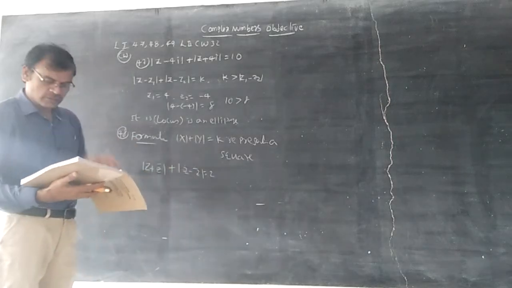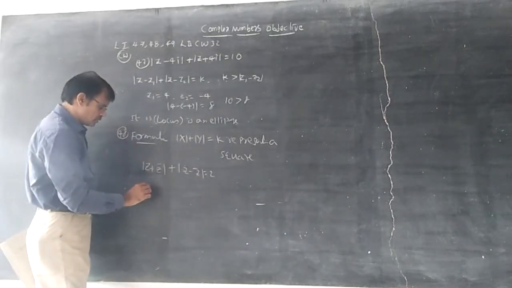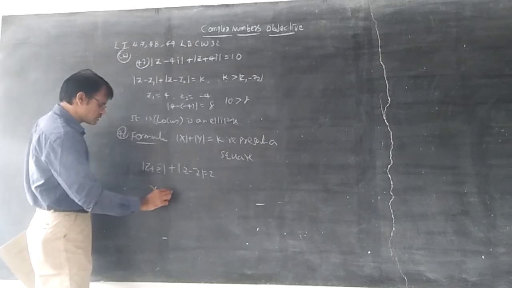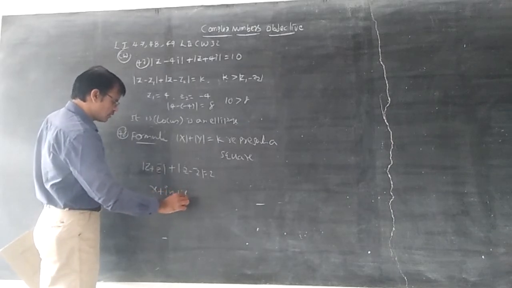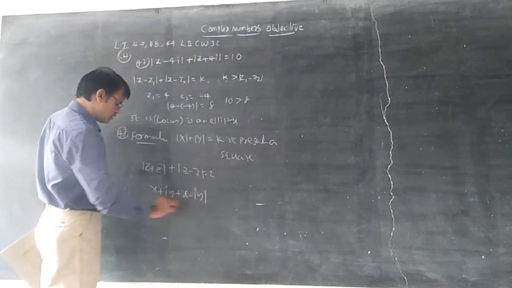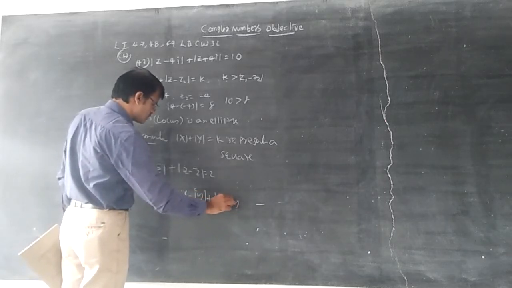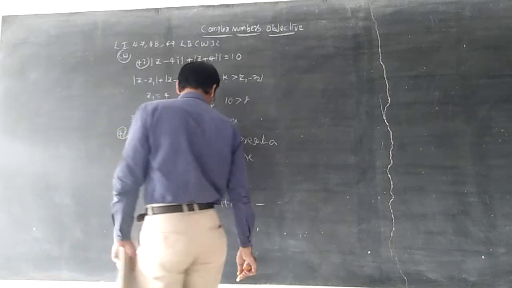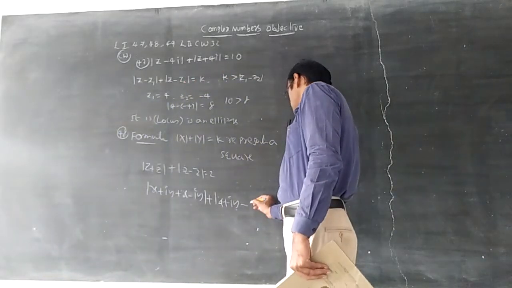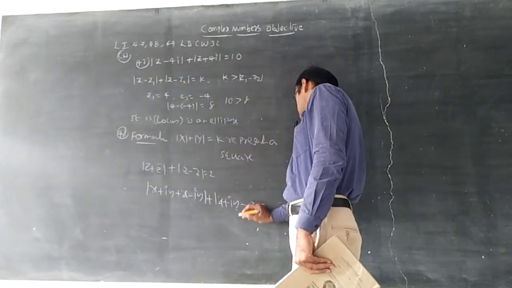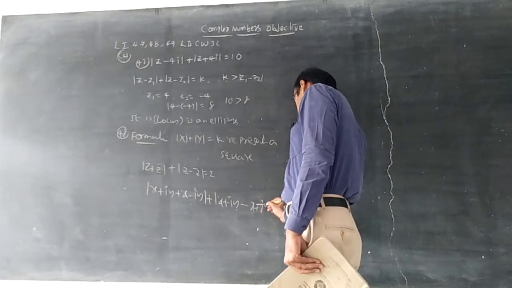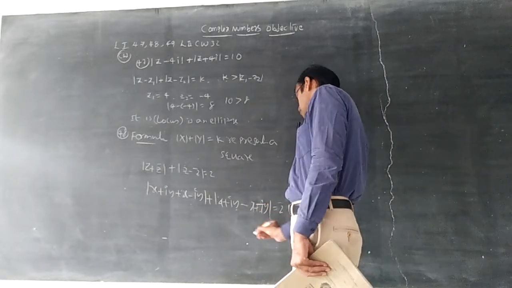Then the locus of z: z means x plus iy, z bar means x minus iy. Modulus of x plus iy plus x minus iy, plus modulus of x plus iy minus x plus iy, is equal to 2.